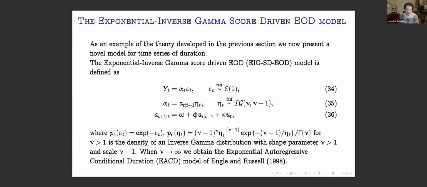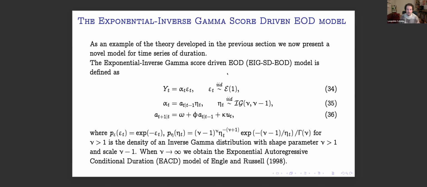So in the duration framework, we have this exponential autoregressive conditional duration model. So this model is used, for example, to predict the time between the execution of two trades and stuff like that. And I mean, it's really like a GARCH.